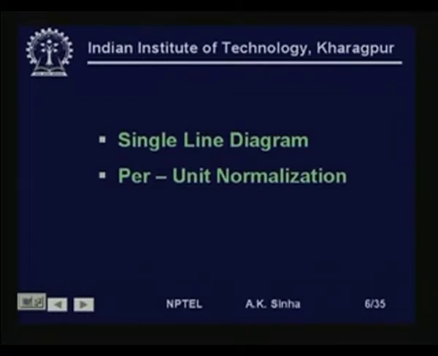The first one is the graphical representation in terms of single line diagram, and the second one will be how to represent the various electrical quantities in terms of per unit values. So first we will talk about the single line diagram for a power system.